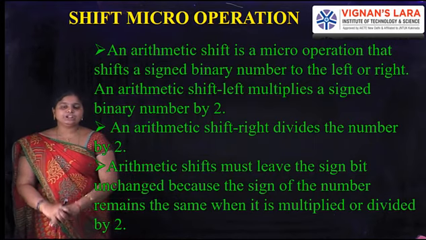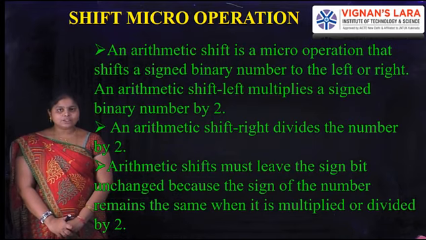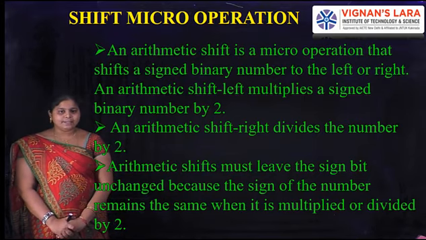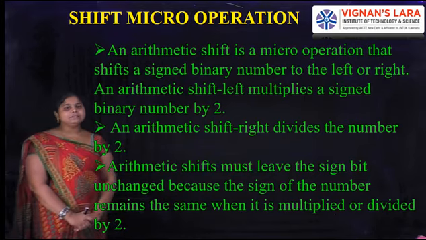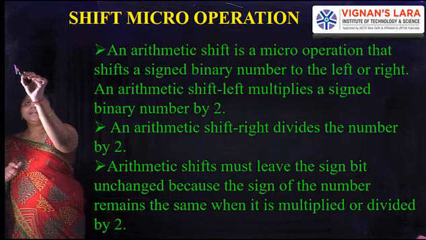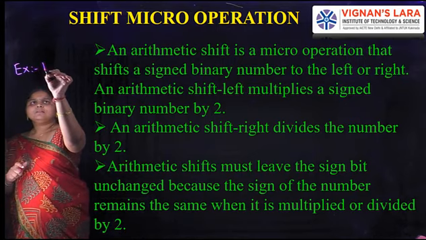Like the logical shift and circular shift, we have to perform both operations, shift left and shift right. In circular shift, we will discuss one example, that is, we take 1011.